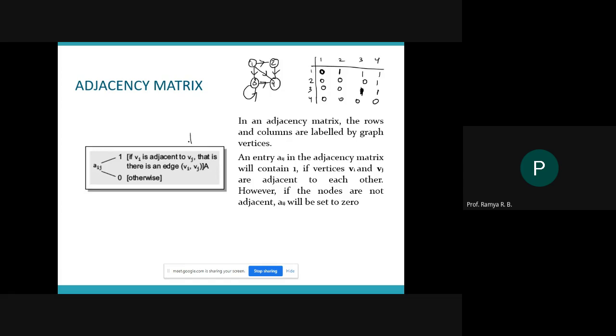This matrix is normally denoted by Aij. So Aij is your adjacency matrix, where if there is an edge from Vi to Vj, we denote it by a 1 and 0 otherwise. This is called adjacency matrix representation.